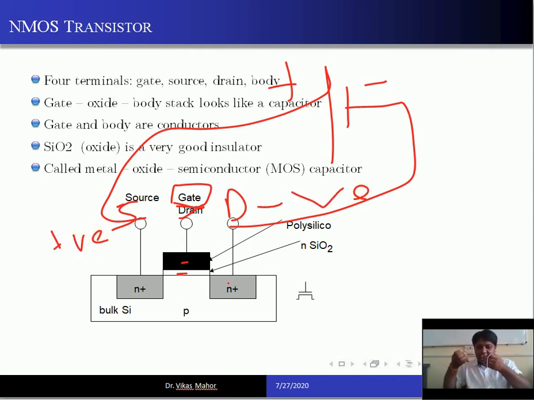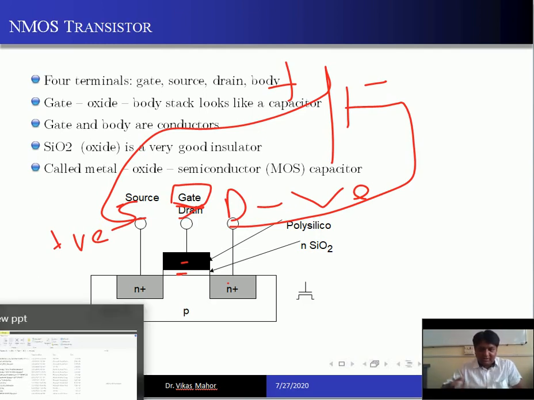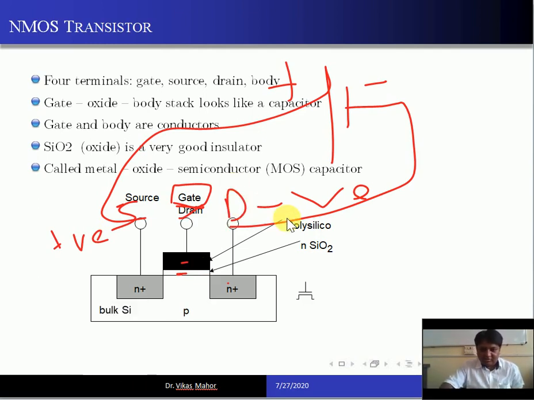When you apply a particular electric field, what will happen? The direction of the electric field is from source to drain. Fine. The direction of electric field is like this.